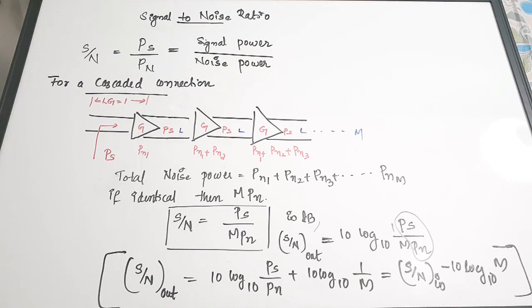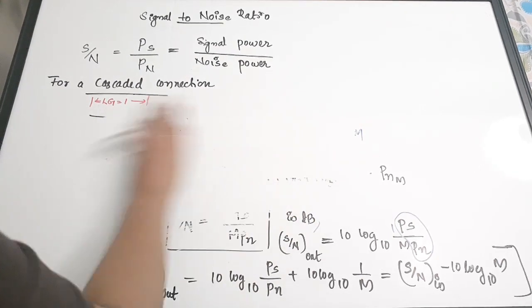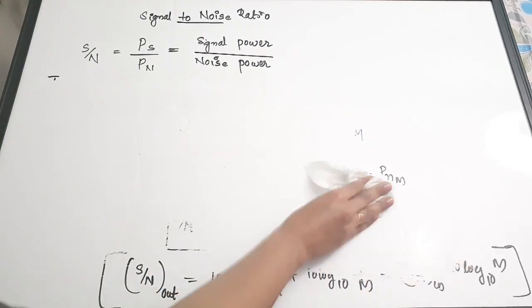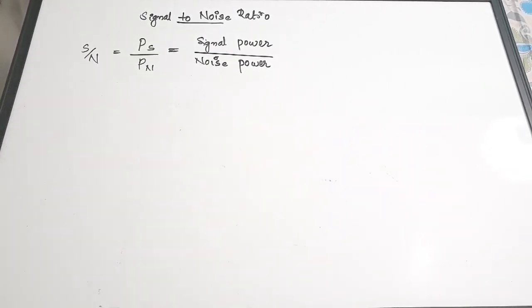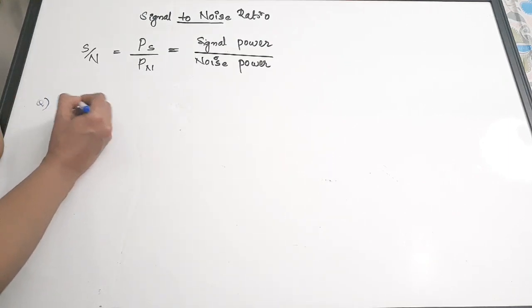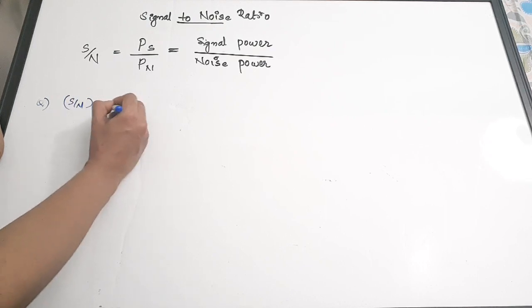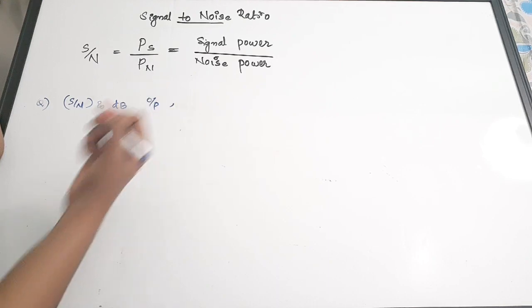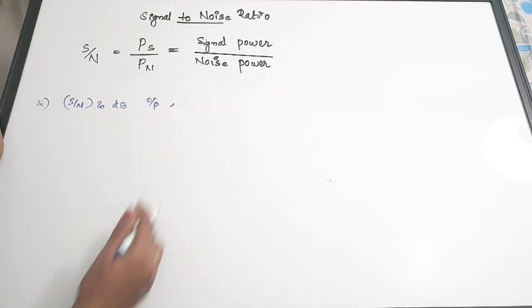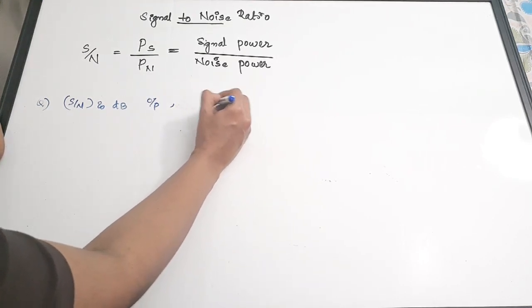Okay. Let me just remove this first. Okay, so the question is: calculate the output S by N in dB for 3 identical links. So you need to calculate the S by N output in dB, and for 3 identical links, M is equal to 3.